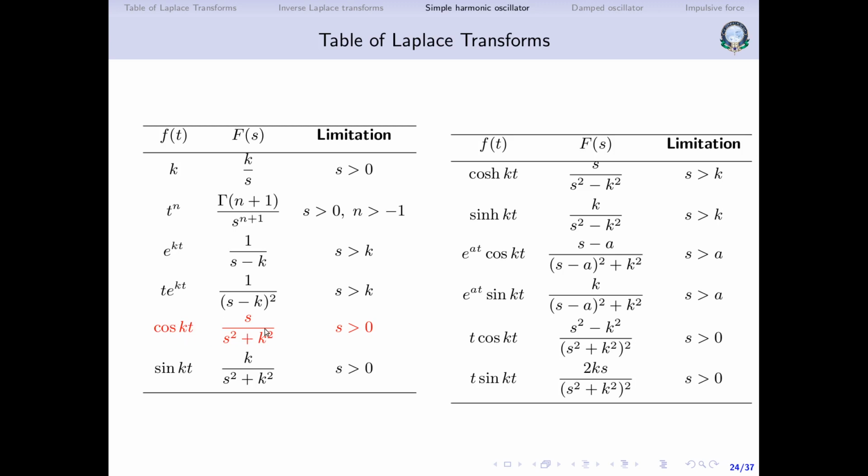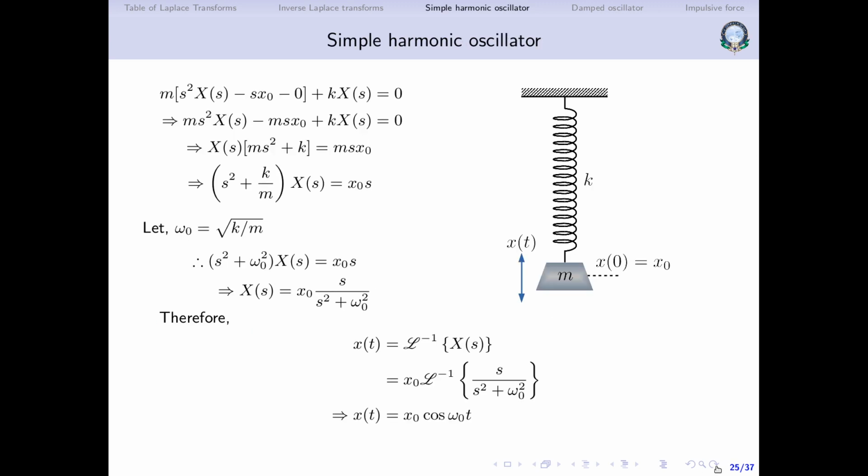So we can just pick this up from here and use it here. This one's inverse Laplace transform is cos of omega naught t. And this looks very familiar, right? We are expecting it to be cosine, because our initial condition says that we start at a point where it is at zero velocity.